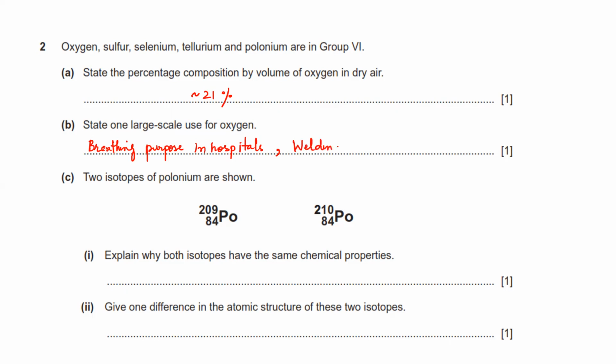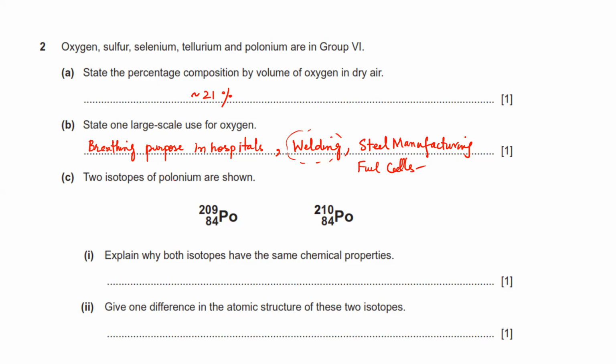It's also used in steel manufacturing. It is also used in fuel cells. So there are many uses of oxygen. A good one is welding for me, or fuel cells, or in hospitals. You can use any one of these for your answer.